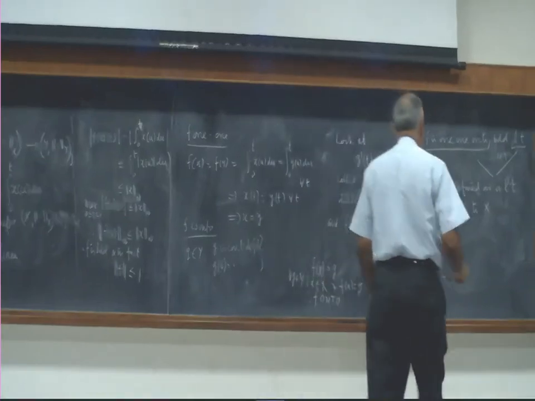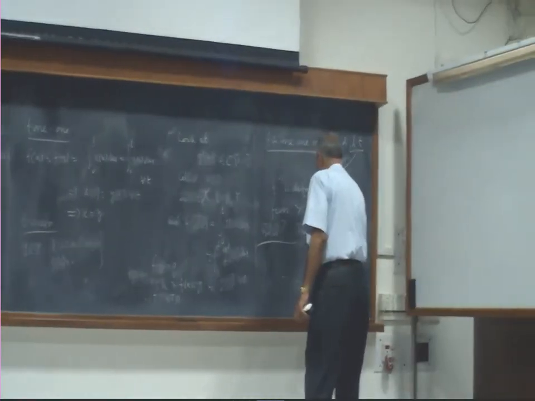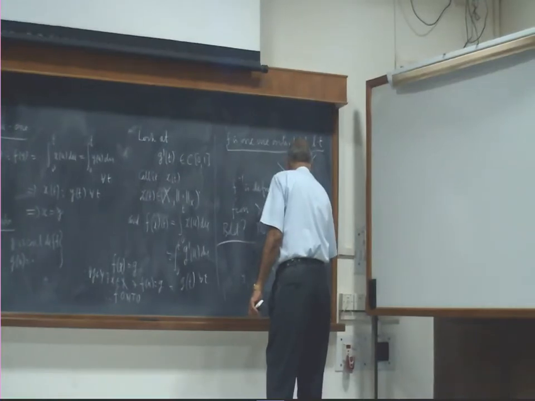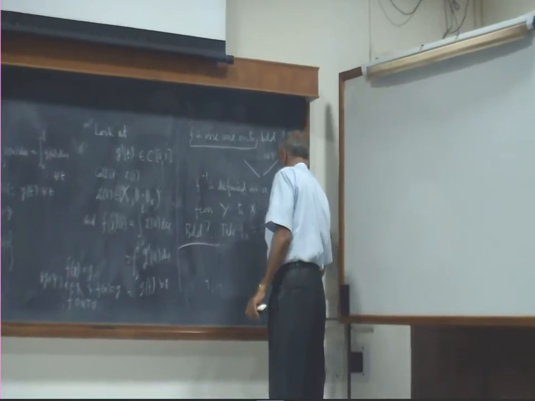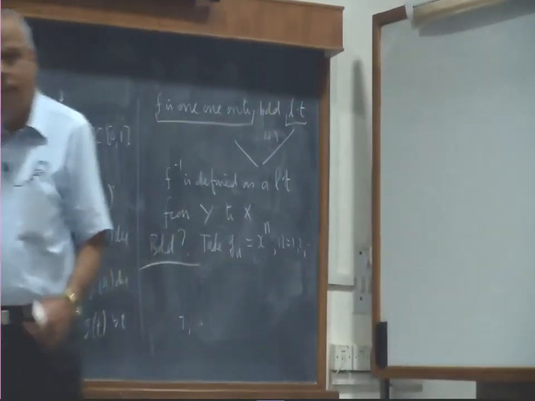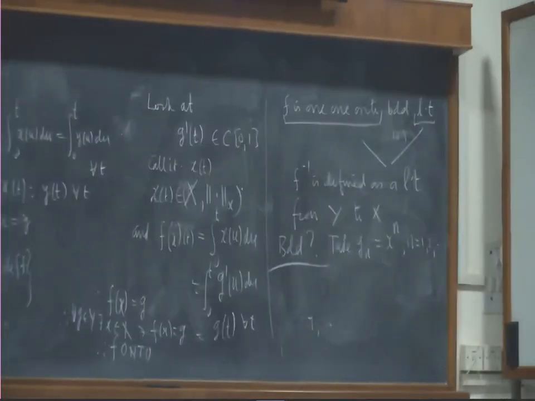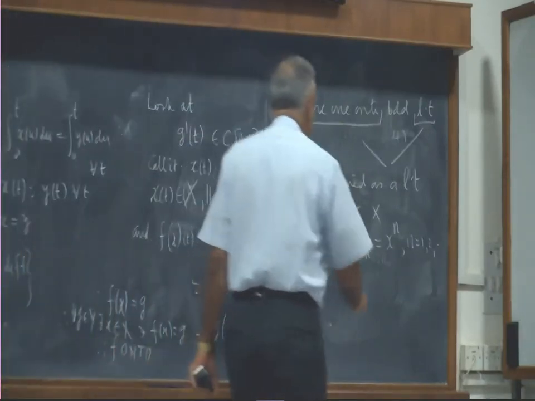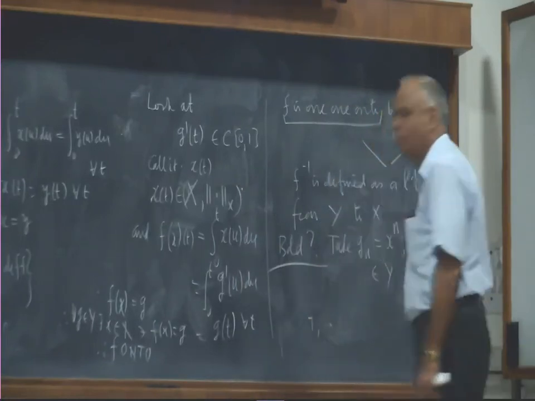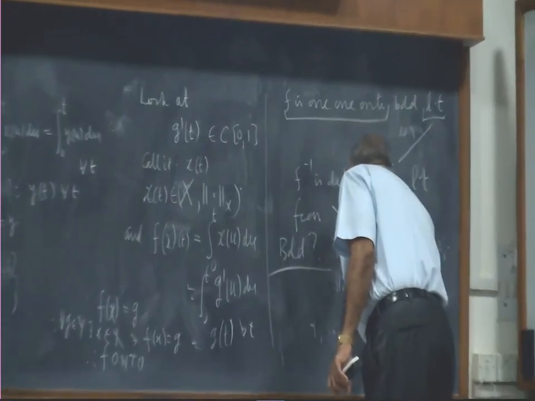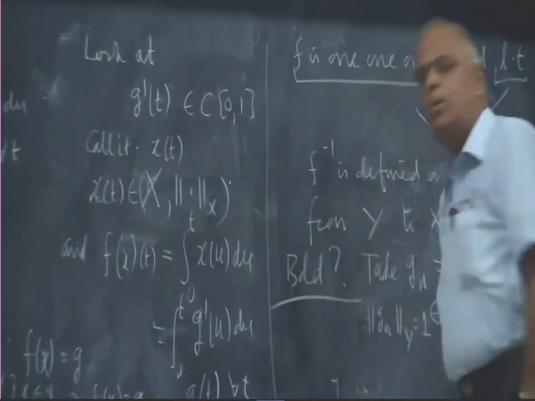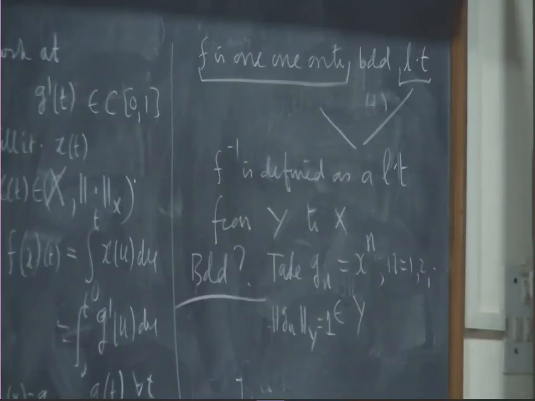So take g_n equal to x to the power of n, n equal to 1, 2, etc. Are these functions continuous? Yes. Are these functions differentiable? Yes. So g_n's belong to Y. And what is the norm of all these fellows? It's all 1. The maximum is 1. It will be attained at x equal to 1.